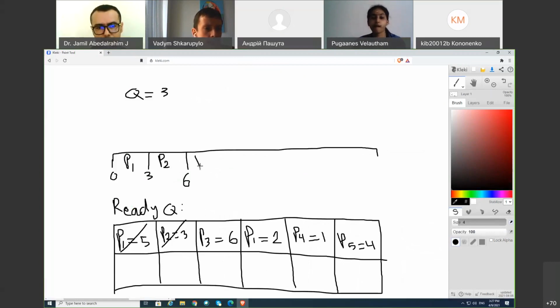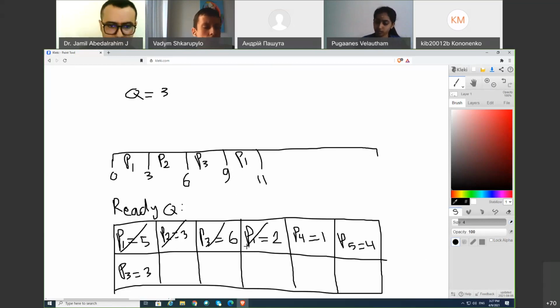Next, P3, only 3 units until 9. We write down the remainder, equal to 3. Then P1, only 2 units, 9 to 11. P1 also has terminated its task.